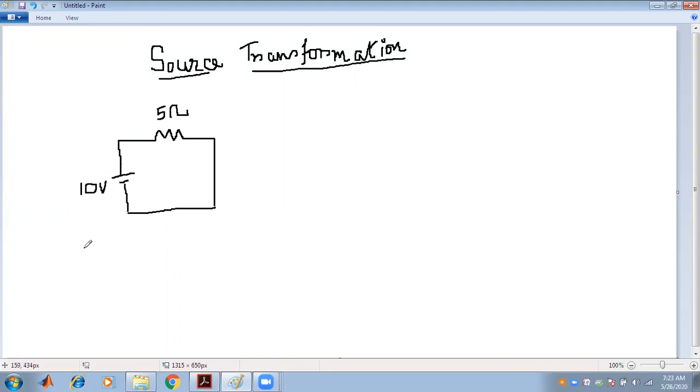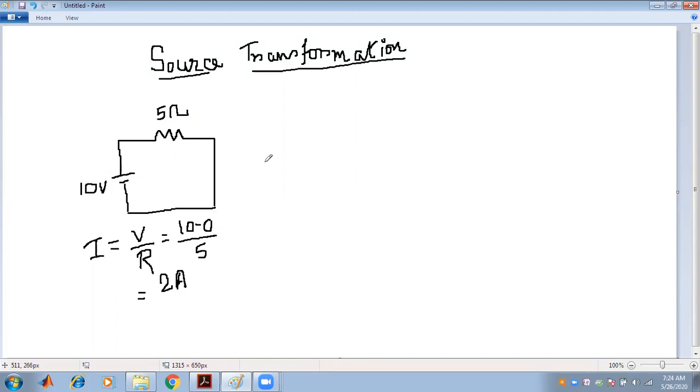Using Ohm's law, the current I is V minus 0, the voltage difference, divided by R. So here it is 10 minus 0 divided by 5. So the current flowing through the circuit is 2 ampere.